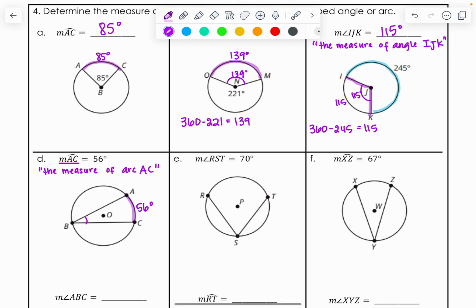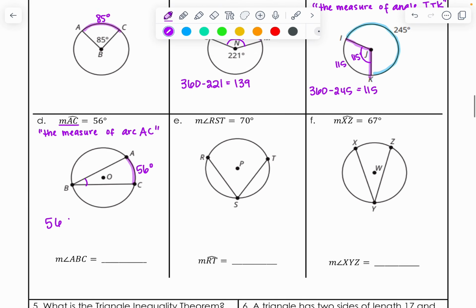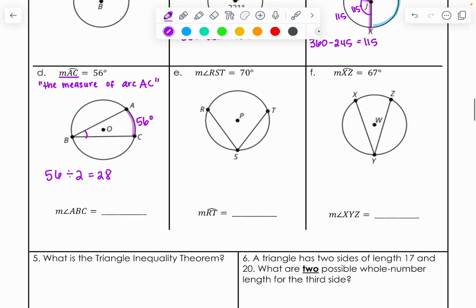And we need to figure out this inscribed angle for which this arc intercepts. The inscribed angle is always going to be half the measure of the intercepted arc. So just divide by 2 or multiply by 1/2. So the measure of angle ABC is 28 degrees.